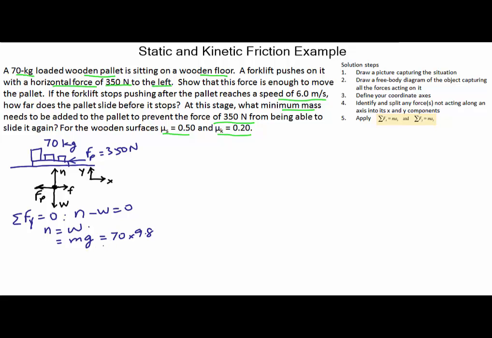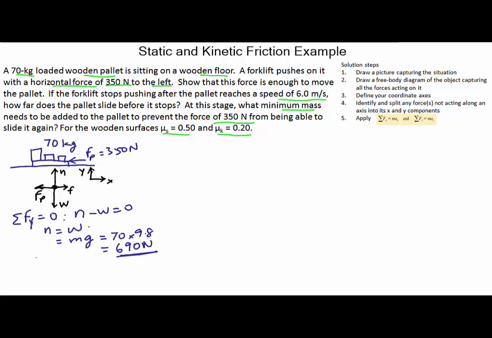That gives me a normal force of 690 Newton. It's always good to find normal force in problems involving friction because it figures in both the maximum static friction as well as in the kinetic frictional force.